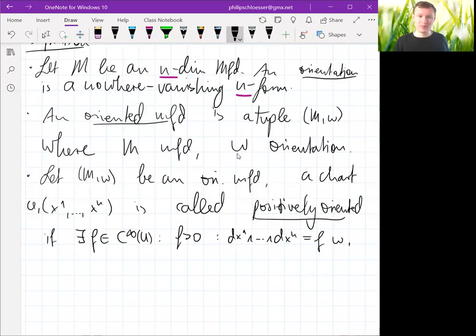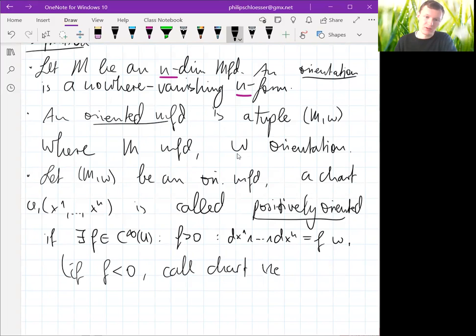Otherwise, if f is less than 0, the chart is called negatively oriented.